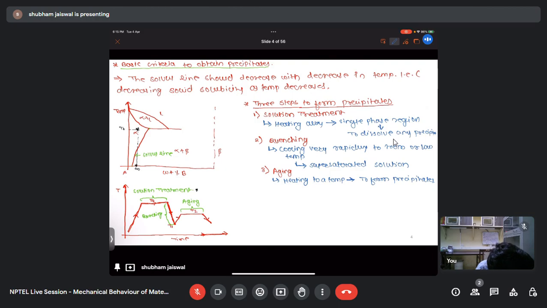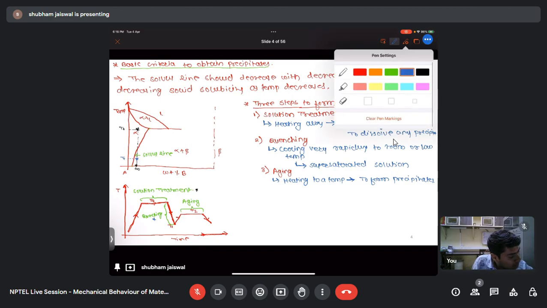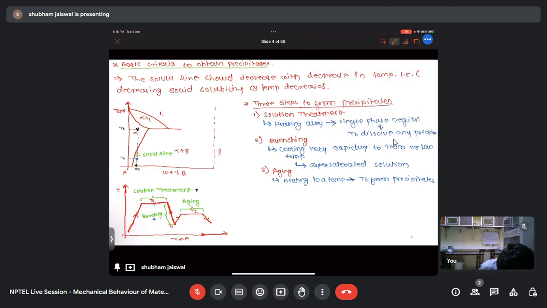Then we'll again heat it to some temperature so that we can form a precipitate. So here I am heating it to a temperature T2, so that the precipitate can form inside the material. So this is all about the steps and how the heat treatment cycle looks to get a precipitate.